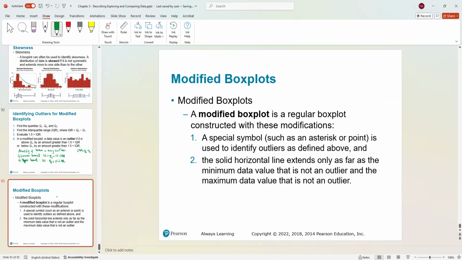Very important: a modified box plot is a regular box plot constructed with one modification, a special symbol such as an asterisk.